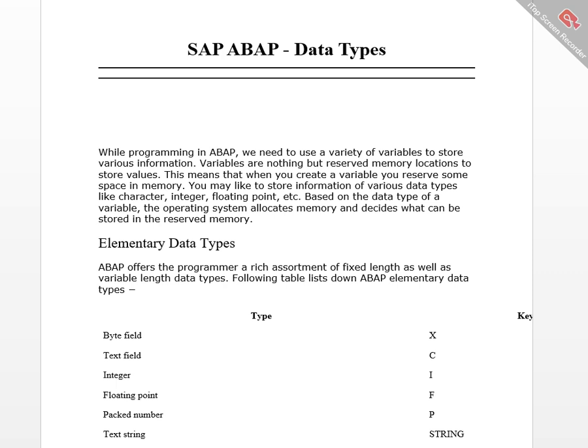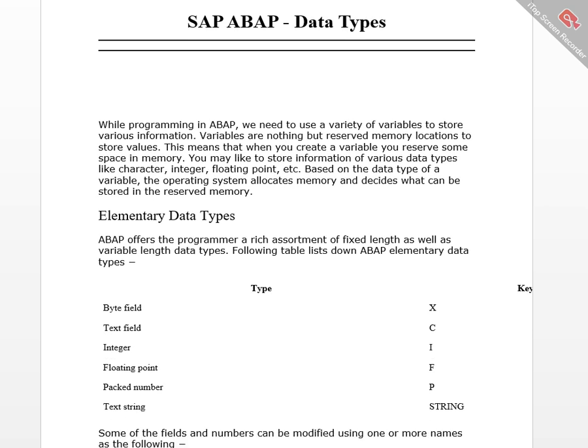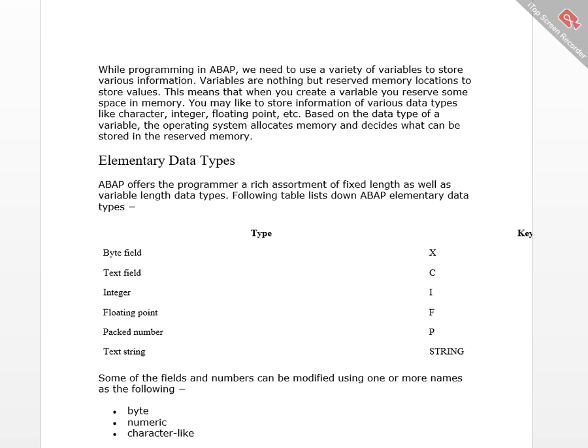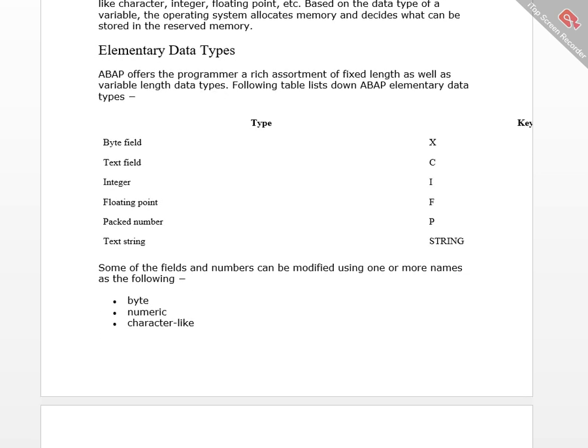The elementary data types are: byte field X, text field C, integer I, floating point F, packed number P, text string. Some of the fields and numbers can be modified using one or more names, like byte, numeric, character like.